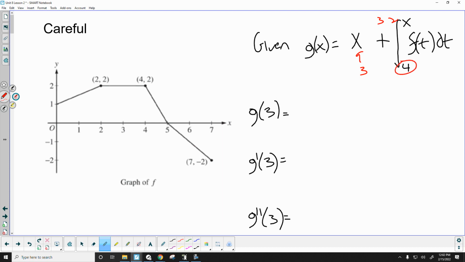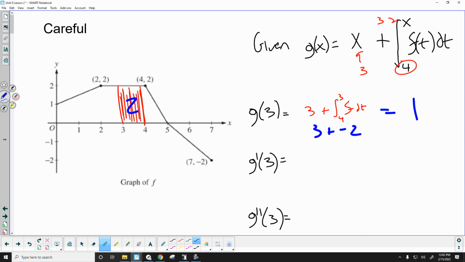I'm not starting at 2 anymore. So I have 3 plus accumulate my area from 4 to 3. I'm going back in time. From 4 to 3 is the opposite of 3 to 4. 3 to 4 is 2. This is negative 2, so this is 1. Okay, cool. Right?